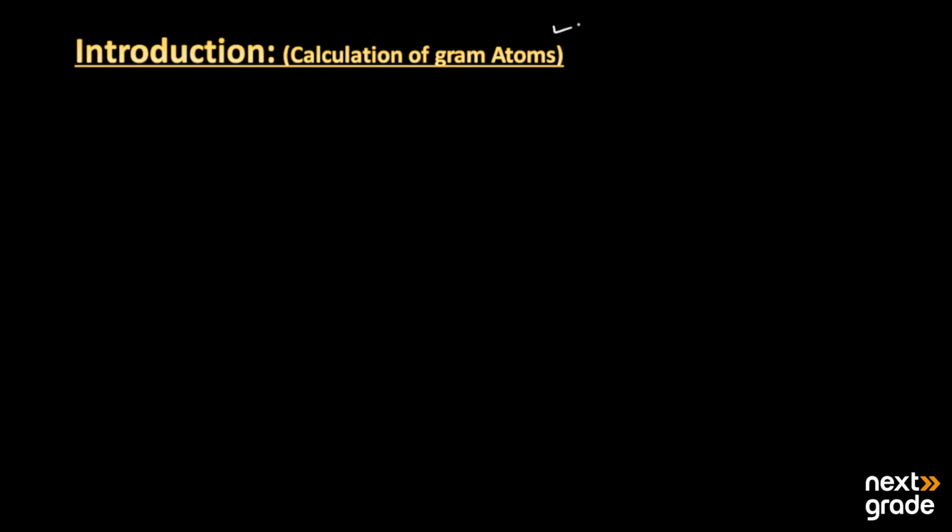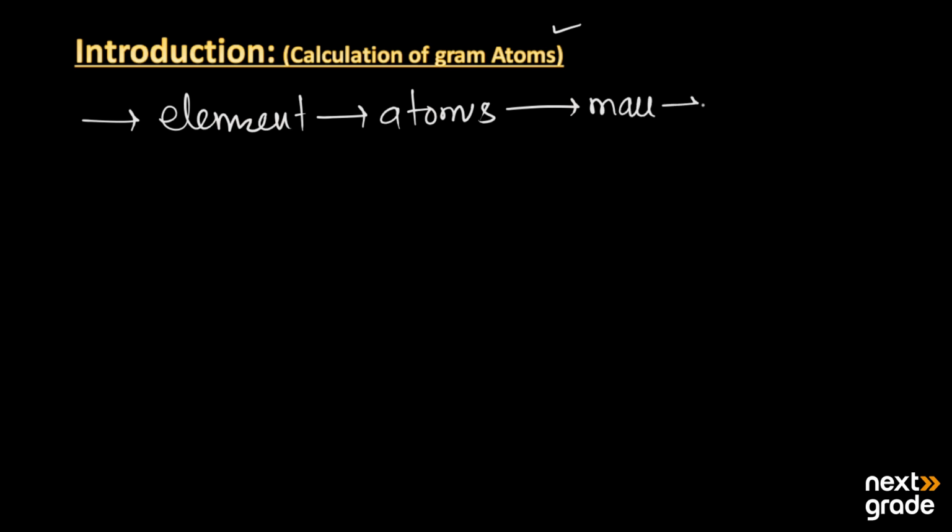Basically, we have an element, which is made up of atoms, and when we express its mass in grams, it is known as gram atoms, or it can also be called gram atomic mass.